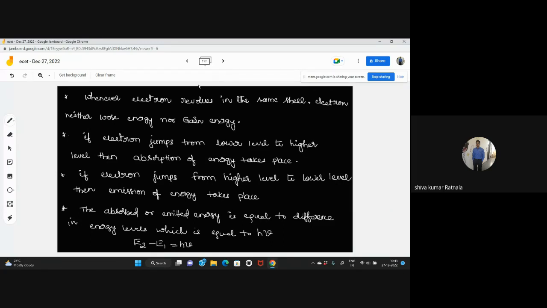Okay, that means if an electron jumps from any energy level to any energy level, whether from lower level to higher level or higher level to lower level, that value will be equal to h nu.